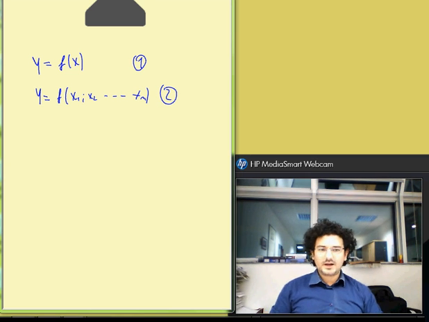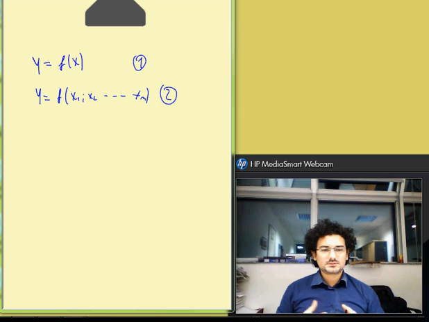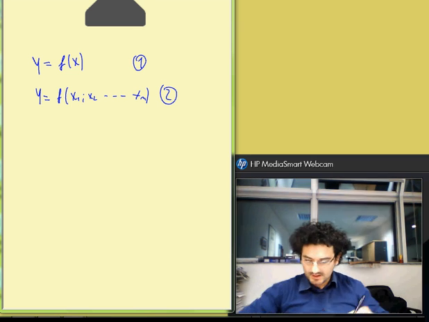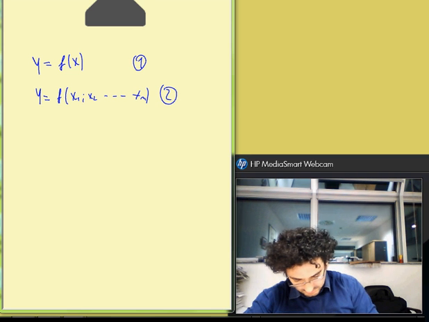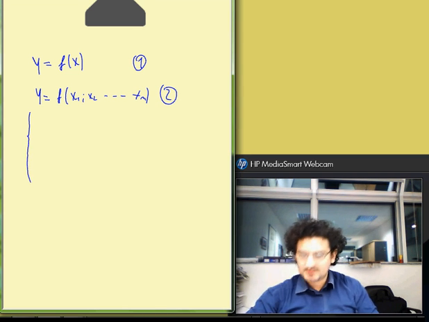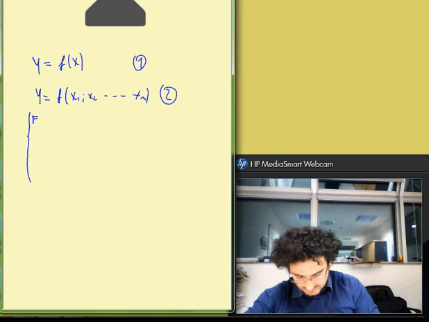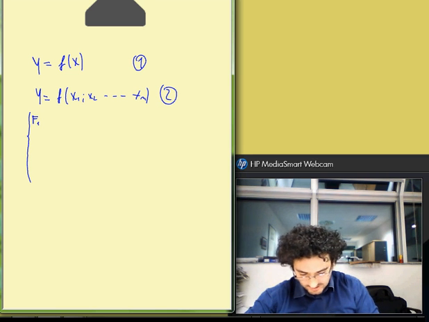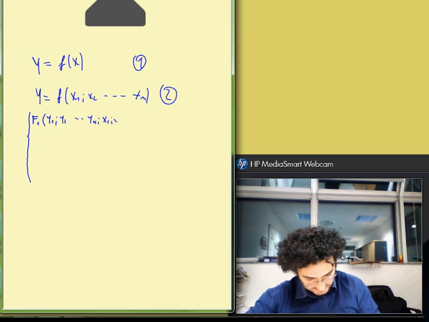Now we can define an economic model in the most general possible way as a set of implicit functions. In this way, we can call this an economic or mathematical system. The first equation in the system is f1, a big function, an implicit function, of y1, y2 until yn, and x1, x2 until xm.